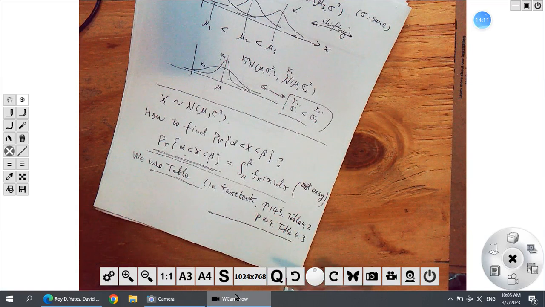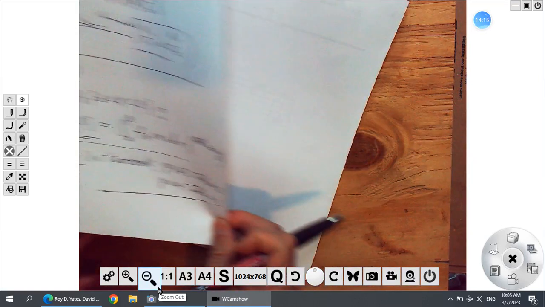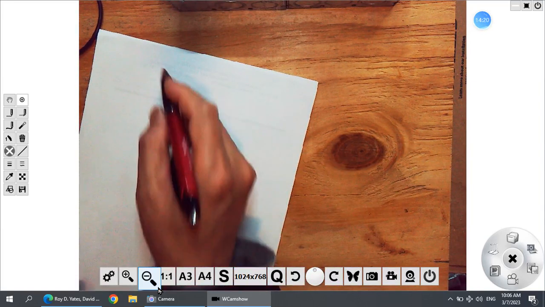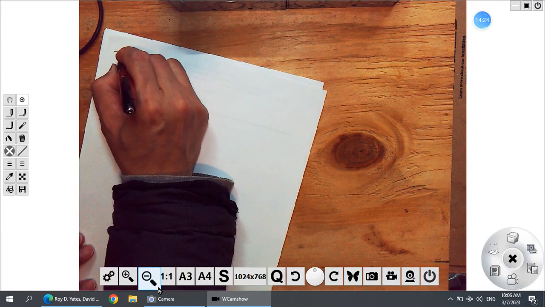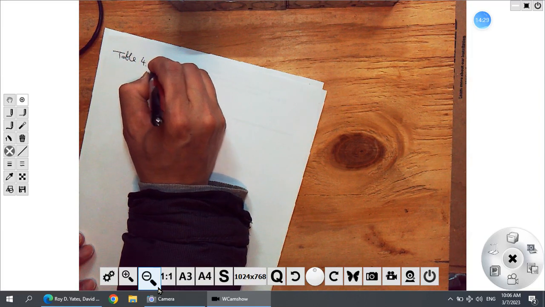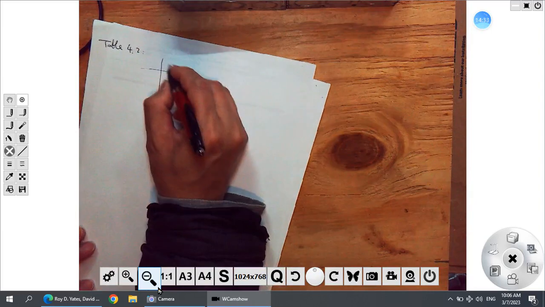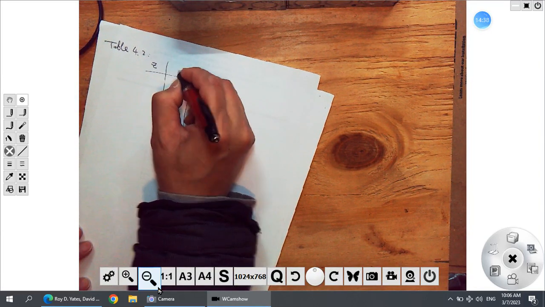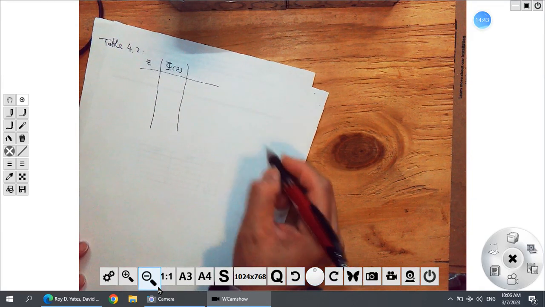Now the problem is how to use these two tables. Table 4.2 gives us two columns. One column is z, the other column is phi of z. Phi of z is what?